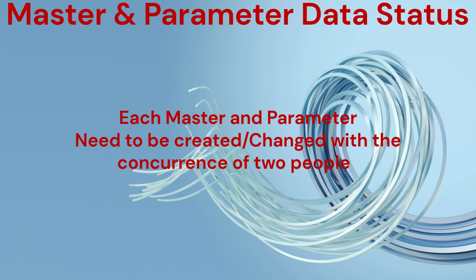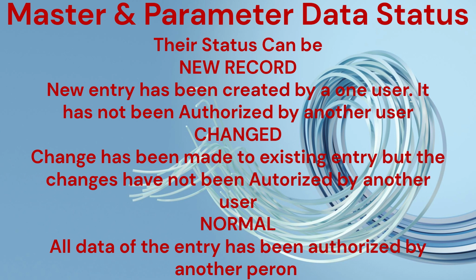Master and parameter data such as contact and partner details, chart of accounts and related details, sub-ledger details, and transaction type details need to be created or changed with the concurrence of 2 people. Their status can be new record: a new entry has been created by 1 user.